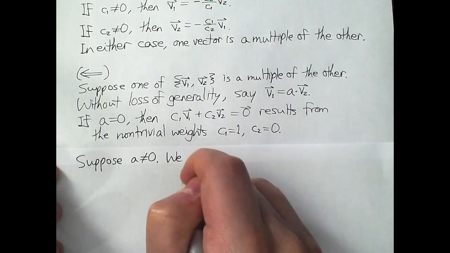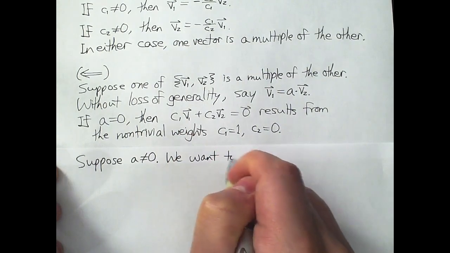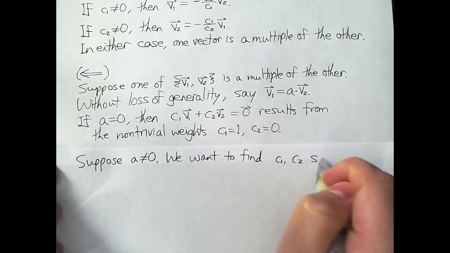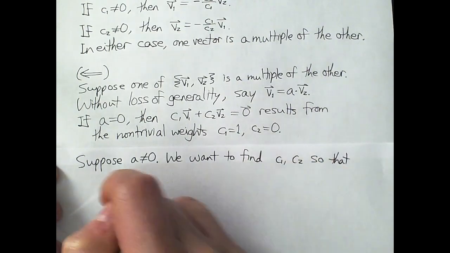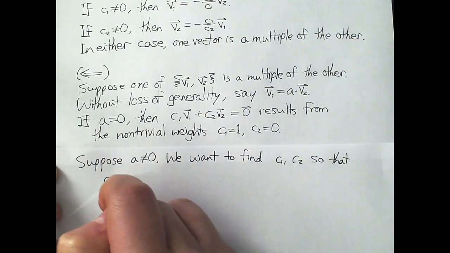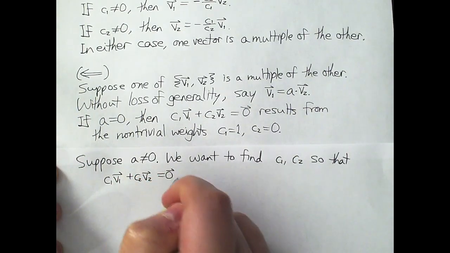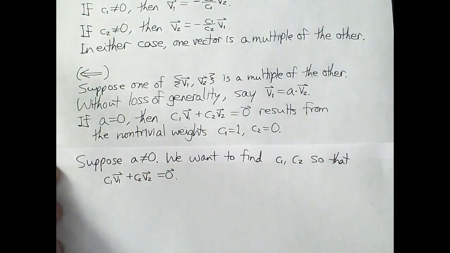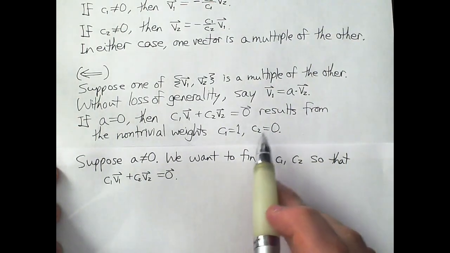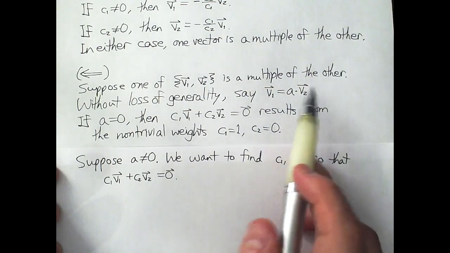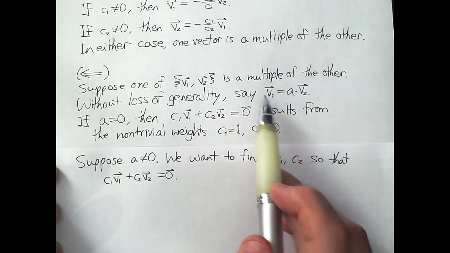We want to find C1 and C2 so that C1V1 plus C2V2 equals the 0 vector. What we're going to do is take this line that we're trying to show and combine it with this line that we said earlier.